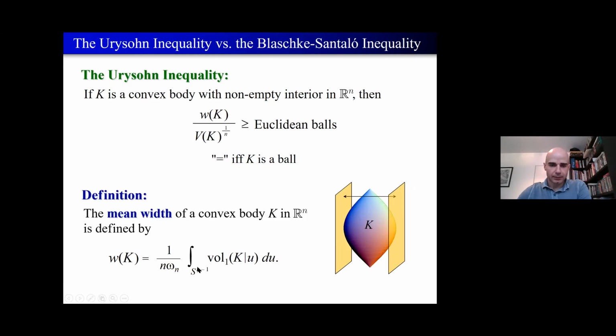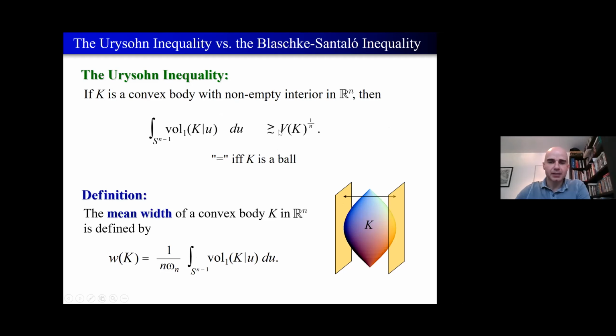Now, plugging in the definition of the mean width here, we can rewrite this inequality a little bit by writing this mean of the lengths of one-dimensional projections on the left-hand side, and then the volume raised to the power 1 over n on the right-hand side.